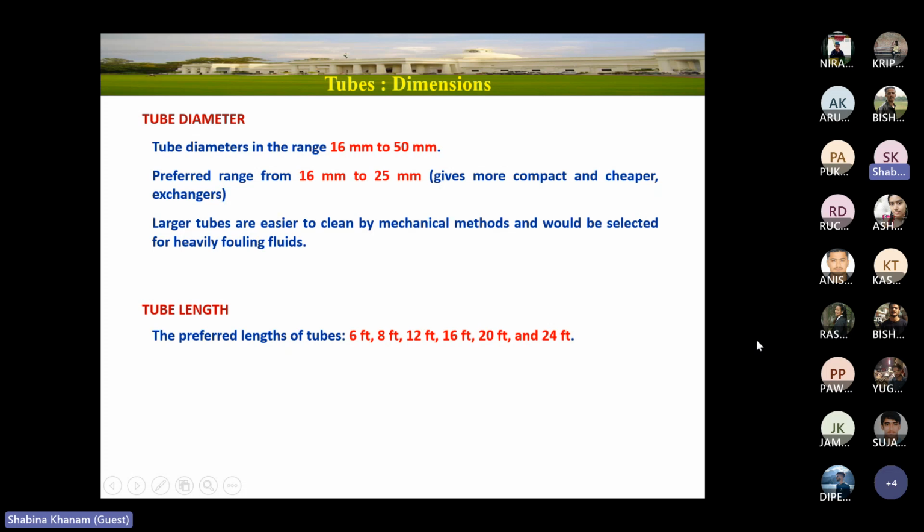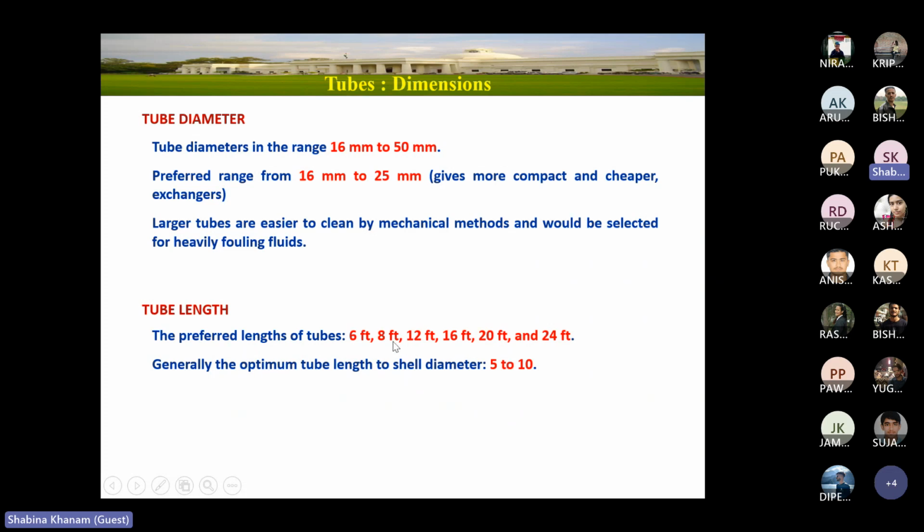But how do you choose a proper length? Proper diameter you can choose within this range, but proper length should be chosen based on the ratio of tube length to shell diameter.